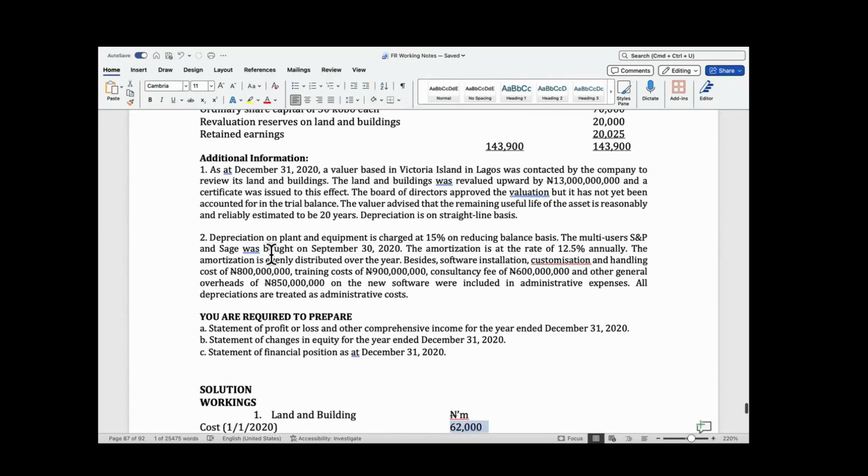The second one, depreciation on plant and equipment is charged at 15% on reducing balance basis. Before I go to the multi-user, let me clarify this.